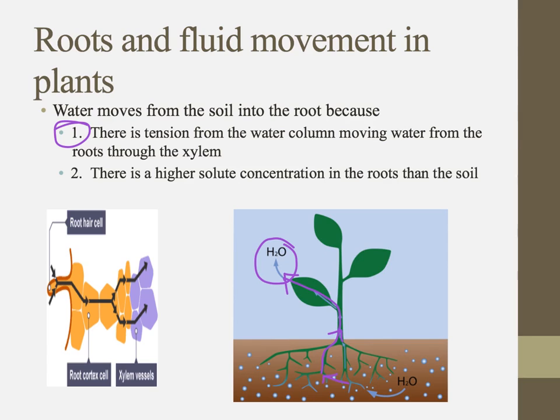So the tension is one reason. The other reason is sheer osmotic balance. Within root cells, they will often have a much higher solute concentration on the inside of their cell than the soil around it, so that water will enter those root cells.